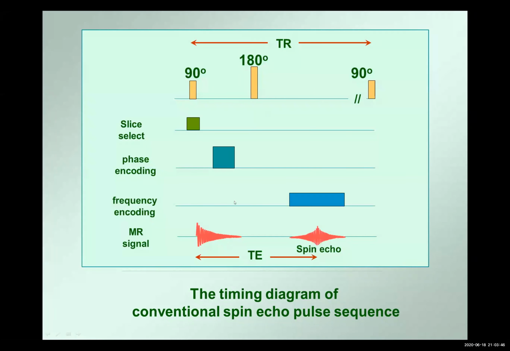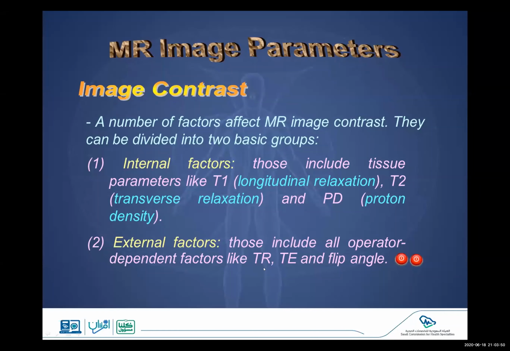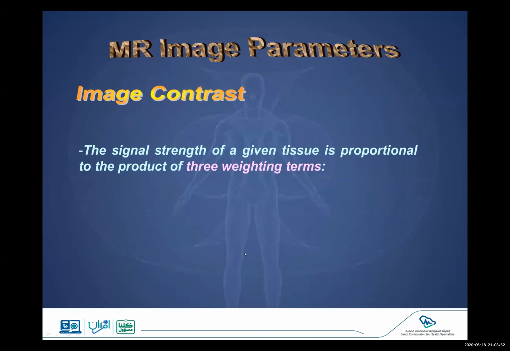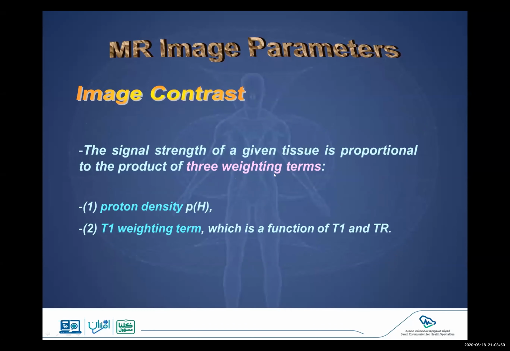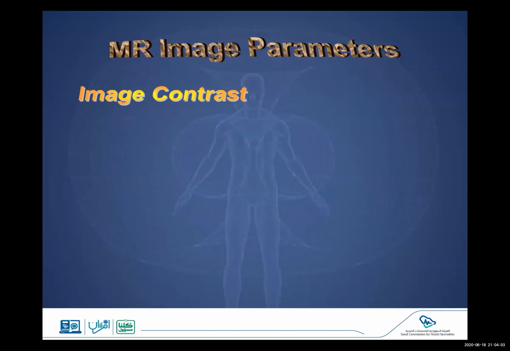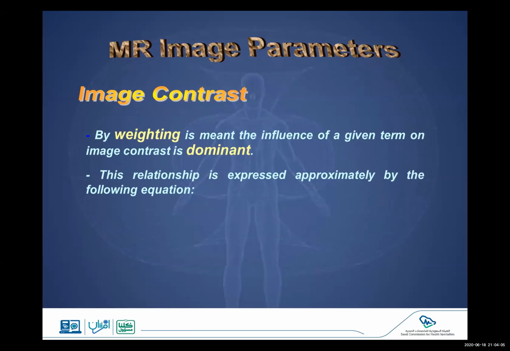For example, TR and TE can be selected to make your image have different contrast. Now, the signal strength of a given tissue is proportional to the product of three weighting terms. By weighting, we mean the influence of a given term on image contrast is dominant.